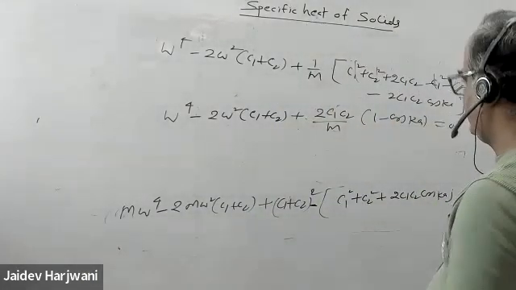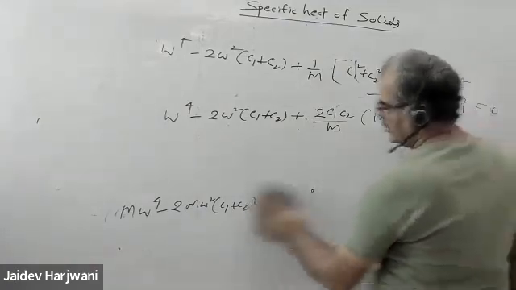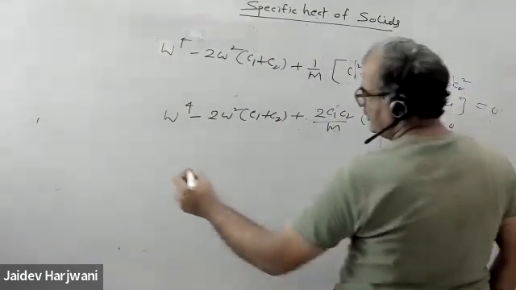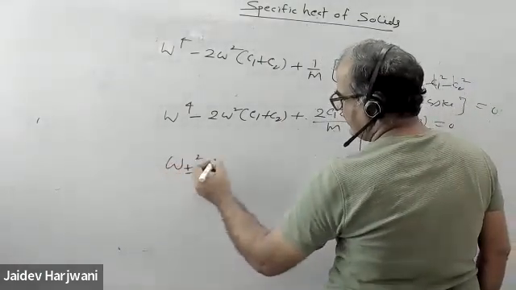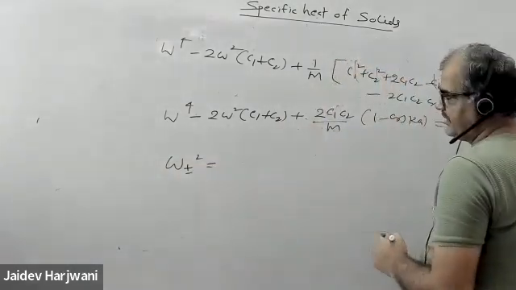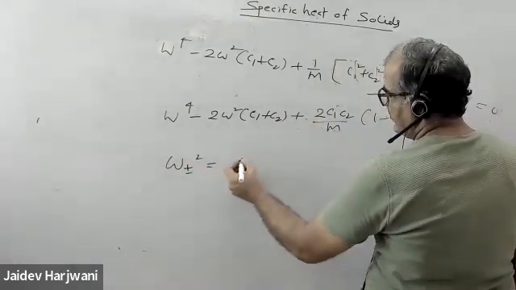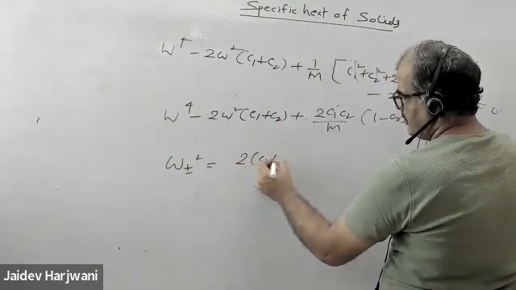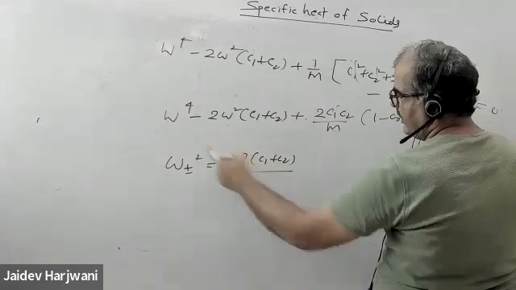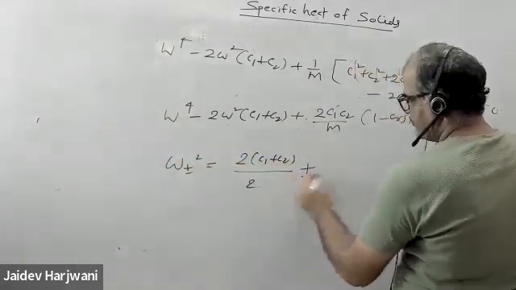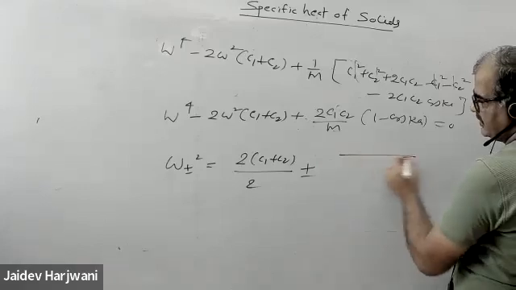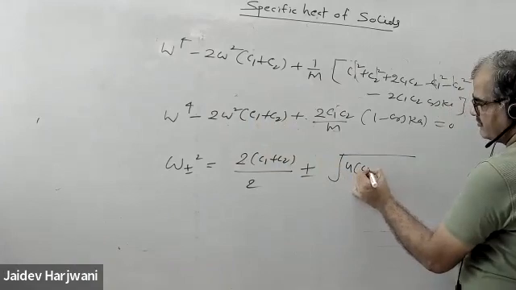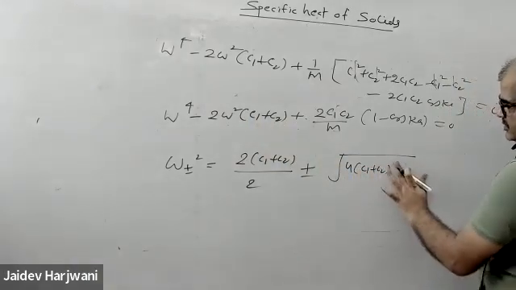So now this is a quadratic equation in omega square. So the root of this equation will be what? Omega square equals minus b upon 2a. So minus b, so 2 C1 plus C2, upon 2a, a is 1, so 2, plus minus square root of b square minus 4ac. b is this 2 C1 plus C2, so b square is 4 C1 plus C2 square.